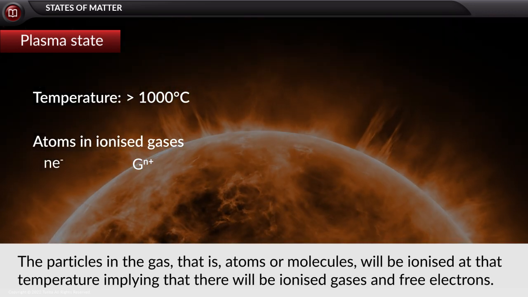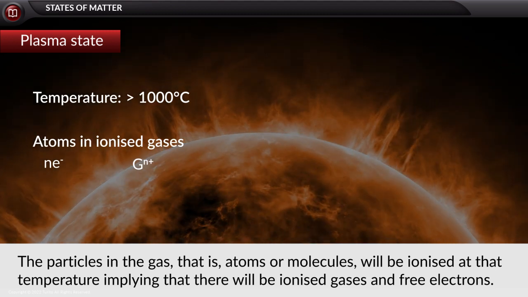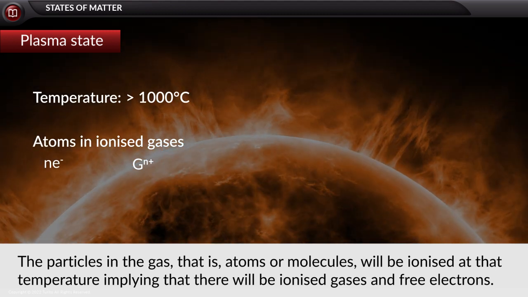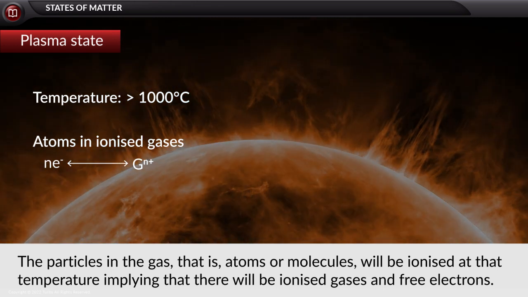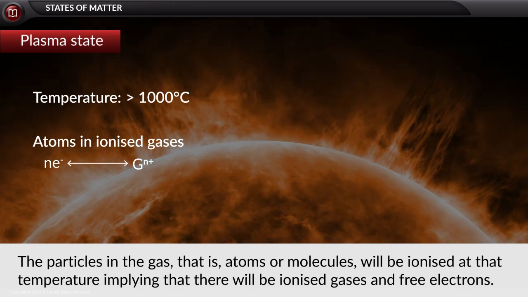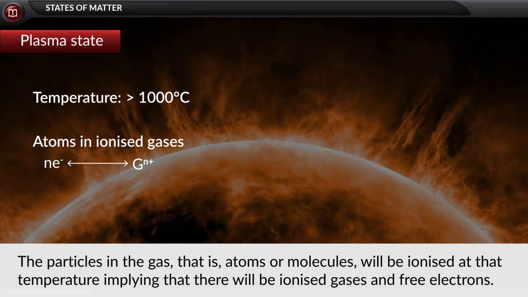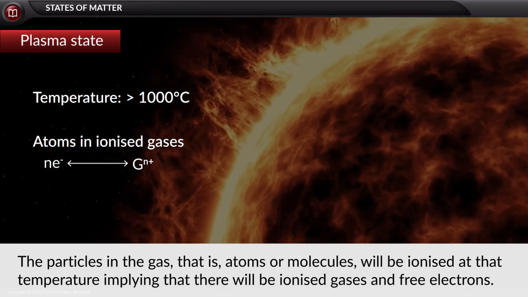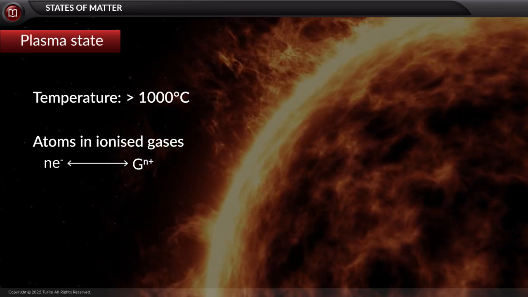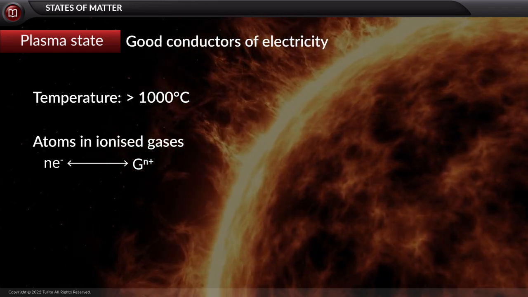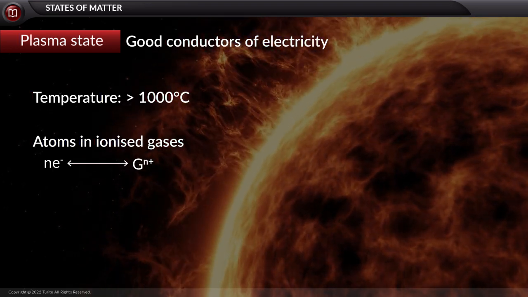These two have opposite charges, so they will be attracted towards each other through electrostatic force of attraction. Because of that, they will show an increase in their fluidity. Also, due to the presence of charged particles, they will be good conductors of electricity.